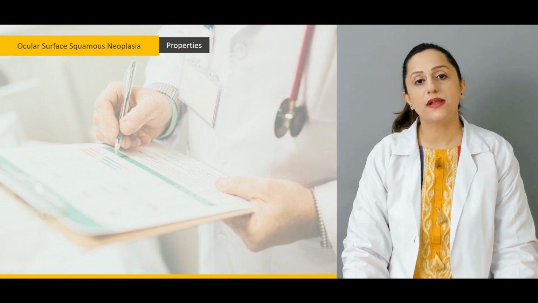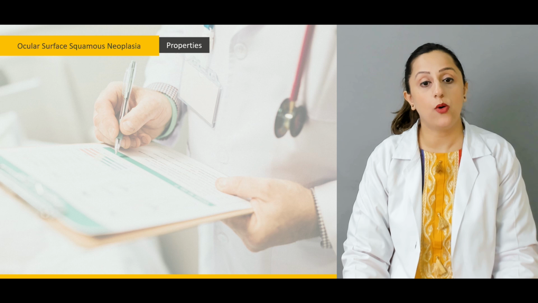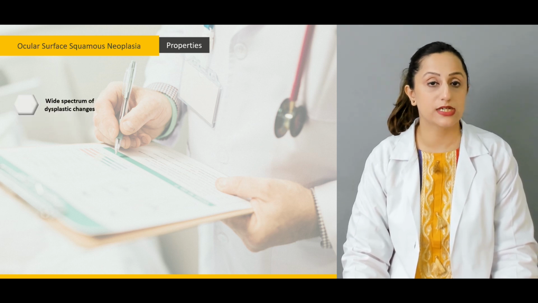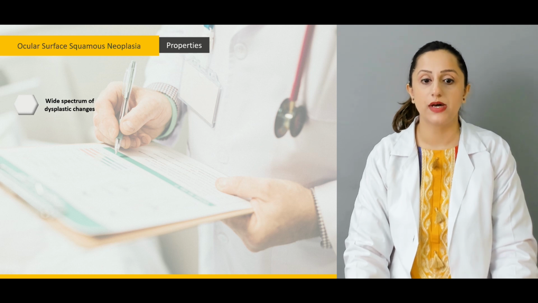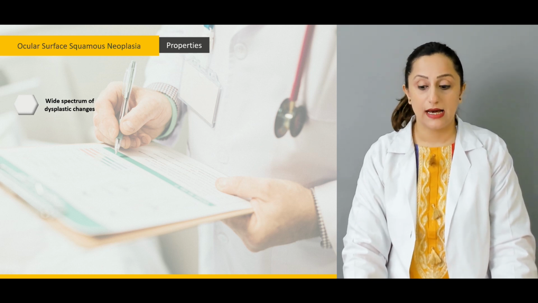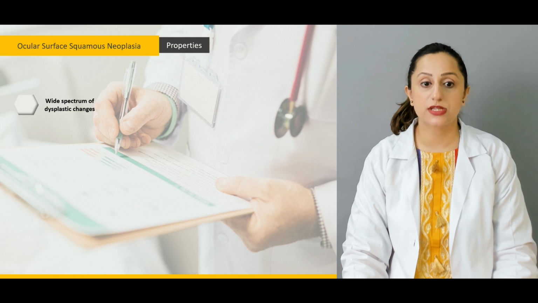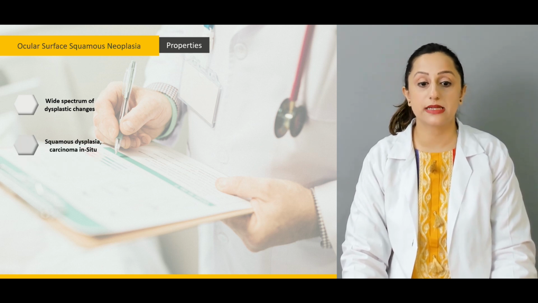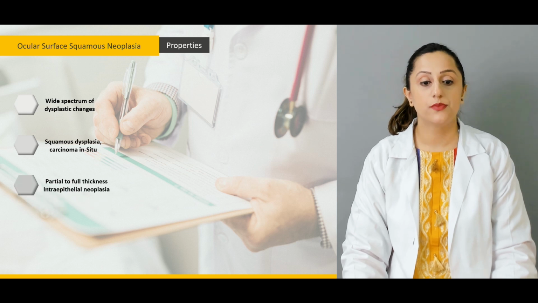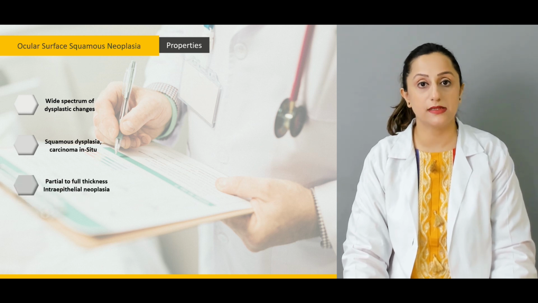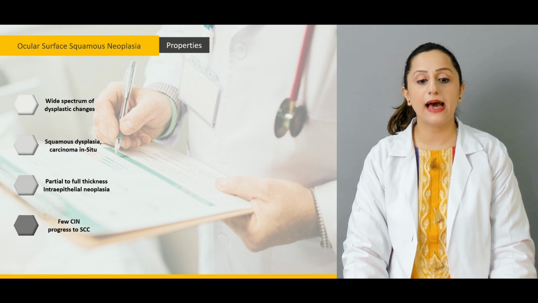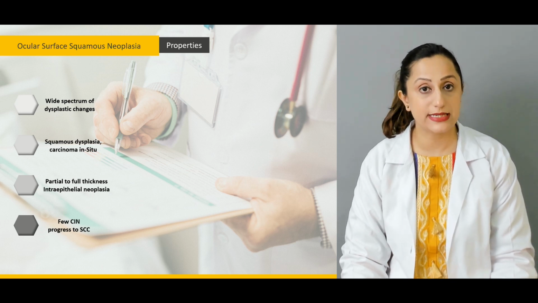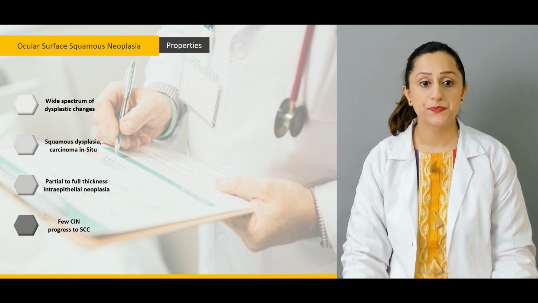We have one of the varieties, which is basically the ocular surface squamous neoplasias. The properties consist of a wide spectrum of dysplastic changes that occur in these sorts of neoplasms. We have the squamous dysplasias, which are basically the carcinomas in situ, partial to full thickness intraepithelial neoplasias, and then we have only a few CINs that are progressing to squamous cell carcinomas.